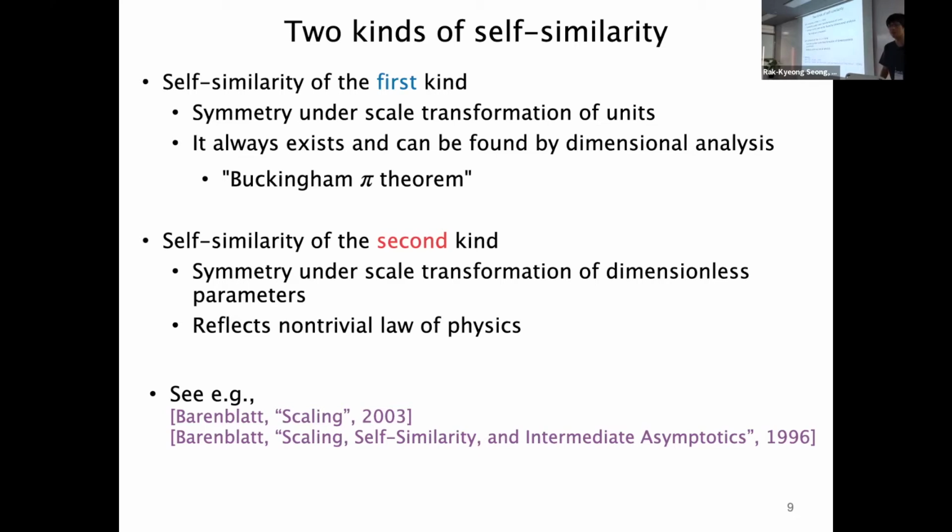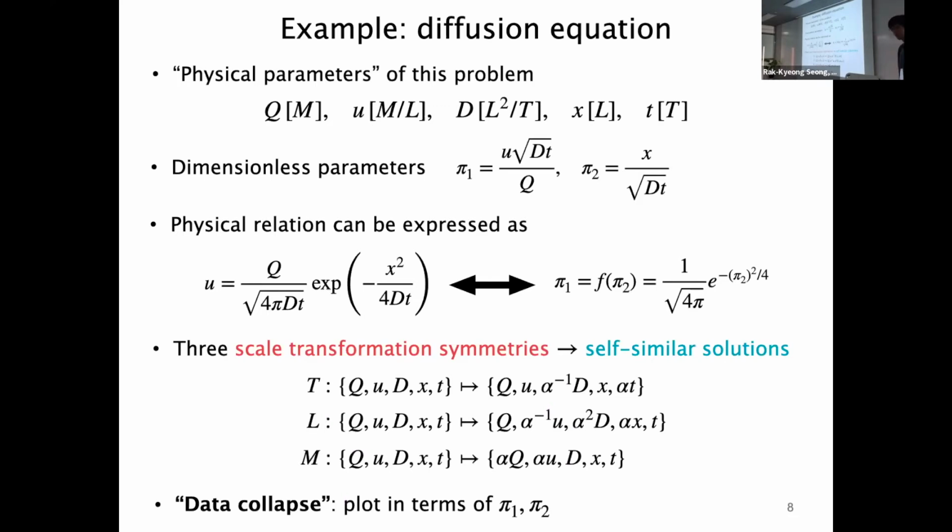Is there any typical meaning of the first kind of self-similarity? So what is the meaning of the first kind of self-similarity? I think you could say it's associated with the arbitrariness of the choice of units.